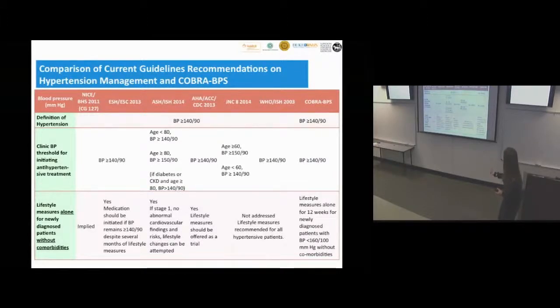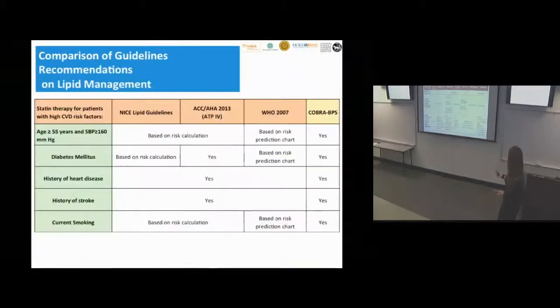You'll see subtle differences in the guidelines, so no one agrees with one another, but our recommendations are most consistent with NICE. Where we had to make some adaptations to keep it simple in the rural areas, we said, okay, then we'll go with some other guideline, but we had to base it on evidence, and we couldn't just oversimplify it and not follow our guideline.